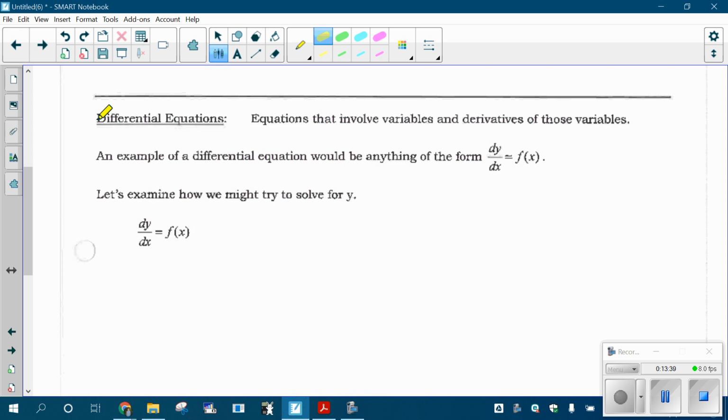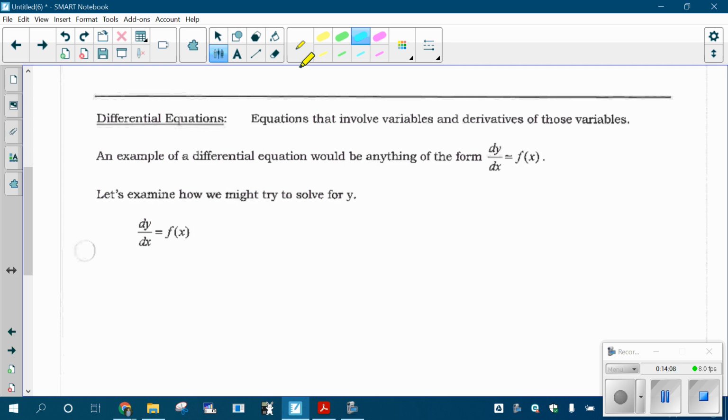So instead of just involving variables themselves, it involves a relationship between functions and their derivatives. Any equation that has a derivative in it is a differential equation. Okay, there's tons of different types, and that's why there's several college classes that you can take on differential equations. We're going to solve really basic differential equations in BC Calculus.